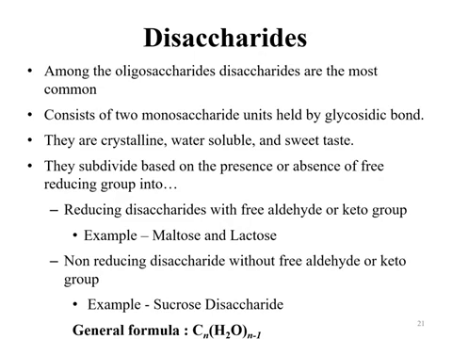For example, reducing disaccharides have a free aldehyde or ketone group, so they are called reducing sugars. For example, maltose and lactose are the reducing disaccharides. The non-reducing disaccharides are those sugars which do not have free aldehyde or ketone groups.